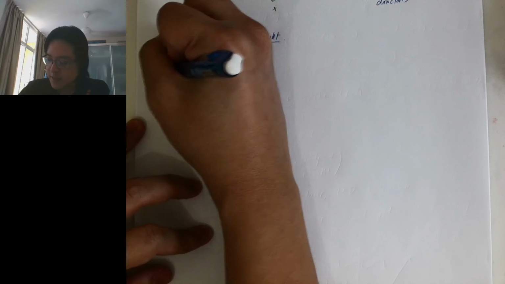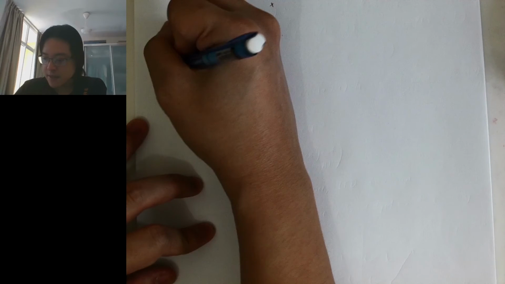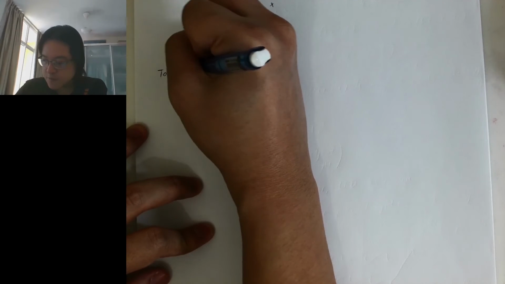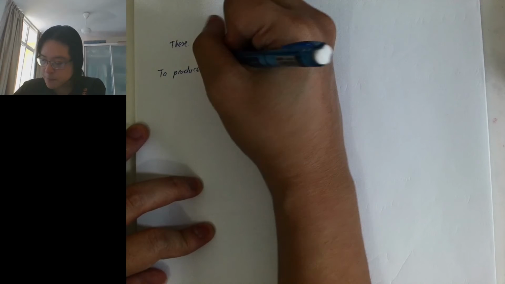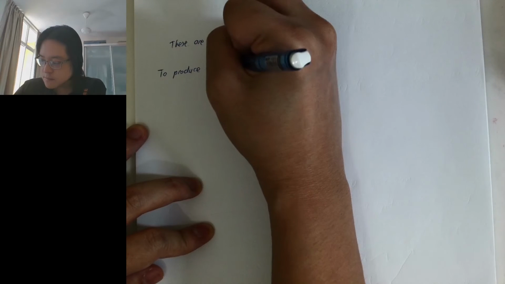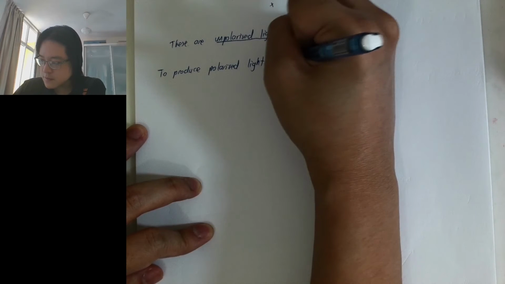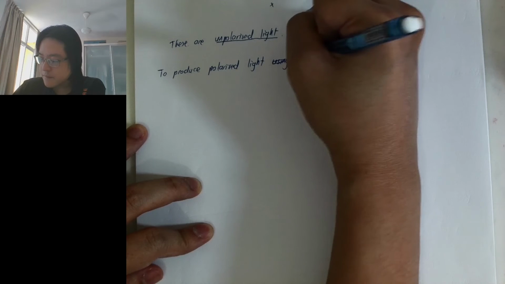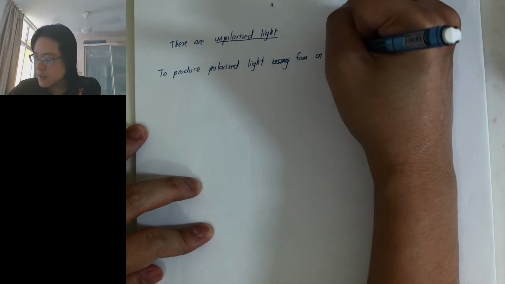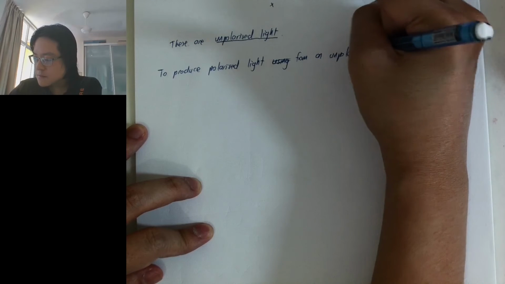So this is the experimental device that is used to produce polarized light from an unpolarized light source.